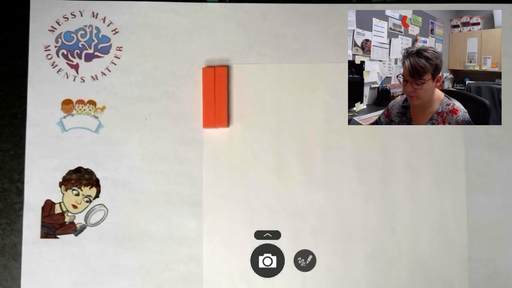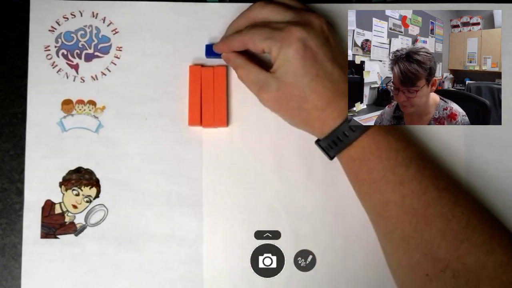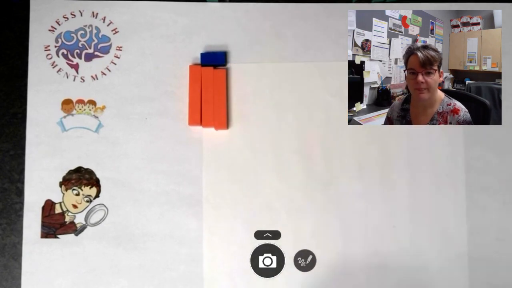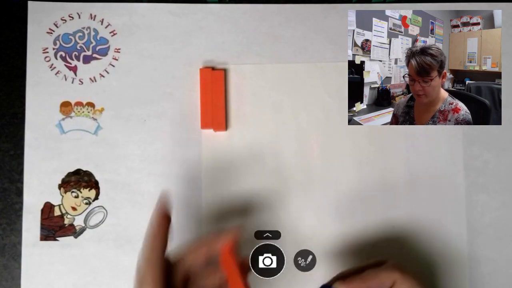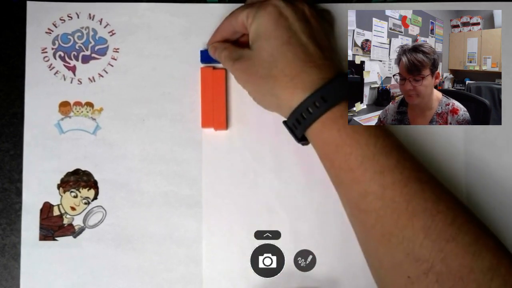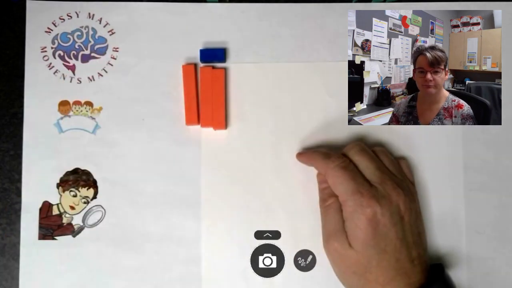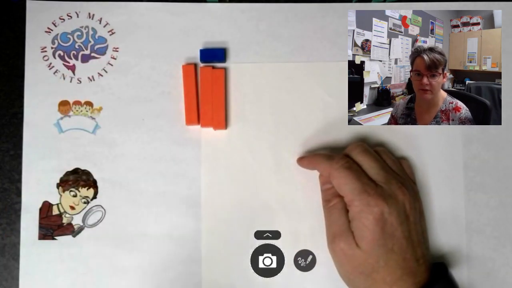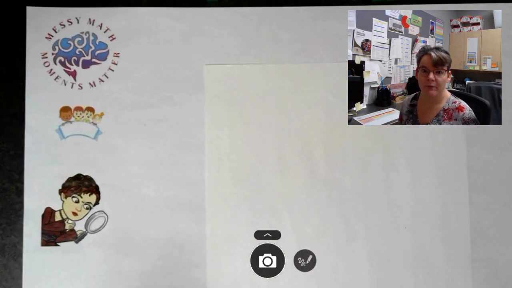So that would be 10 divided by 5 is equal to 2. Or they might say, I have 10s and I have them divided into 2 equal pieces. 10 divided by 2 is equal to 5. Either one of those statements is correct for this representation. But I've activated their background knowledge.